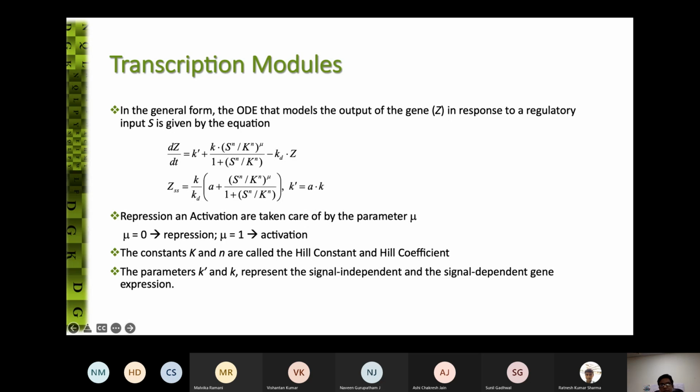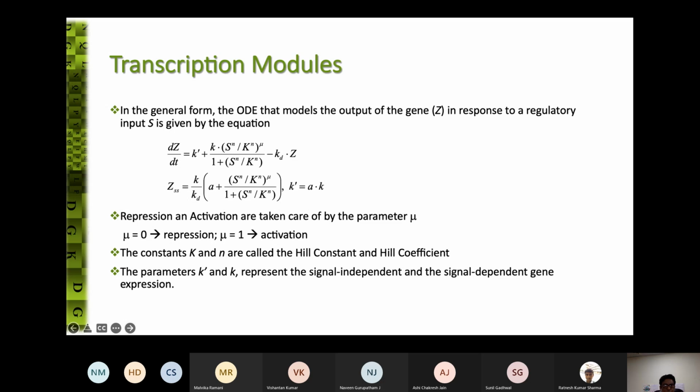There will always be some kind of degradation term, so that there are two opposing effects which balance each other in the long run. And from this, if you put the steady state condition, you just put the left hand side equal to 0 and make Z the subject of the formula, you get Zss, and you can see very easily that this will work out to give you this value here, right? Where A is taken inside, and A, as you can see, is something like this. So it's very simple, not very difficult at all.